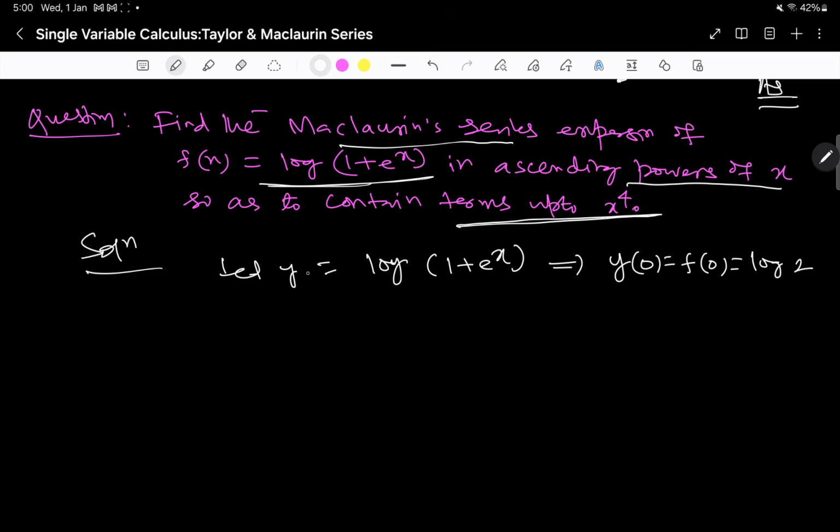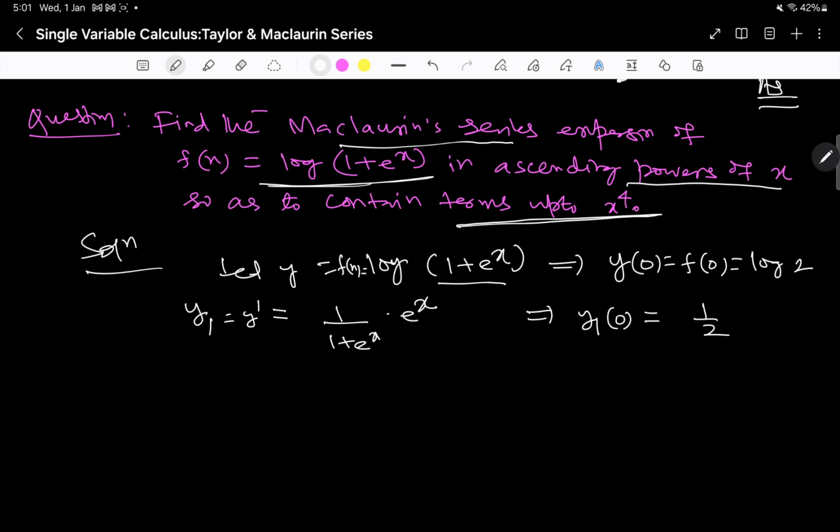Similarly, I am writing y is equal to f of x here. So what is y1, or y dash? If I differentiate it, the derivative of log is 1 by 1 plus e to the power x into e to the power x, right? So this implies y1 of 0 is half, right? Then what is y2?